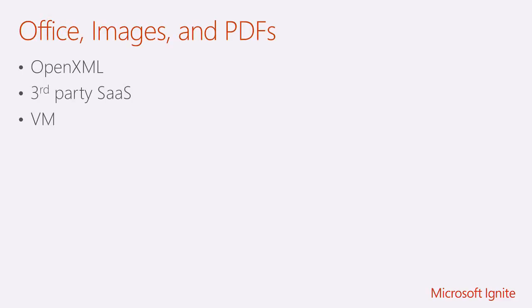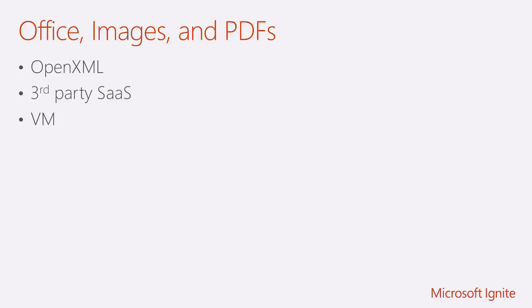Generating images and PDFs. There are three or four options. First, don't depend on GDI+ libraries to generate PDFs. Either use OpenXML, and there are more and more libraries out there that use OpenXML to generate PDFs and images.